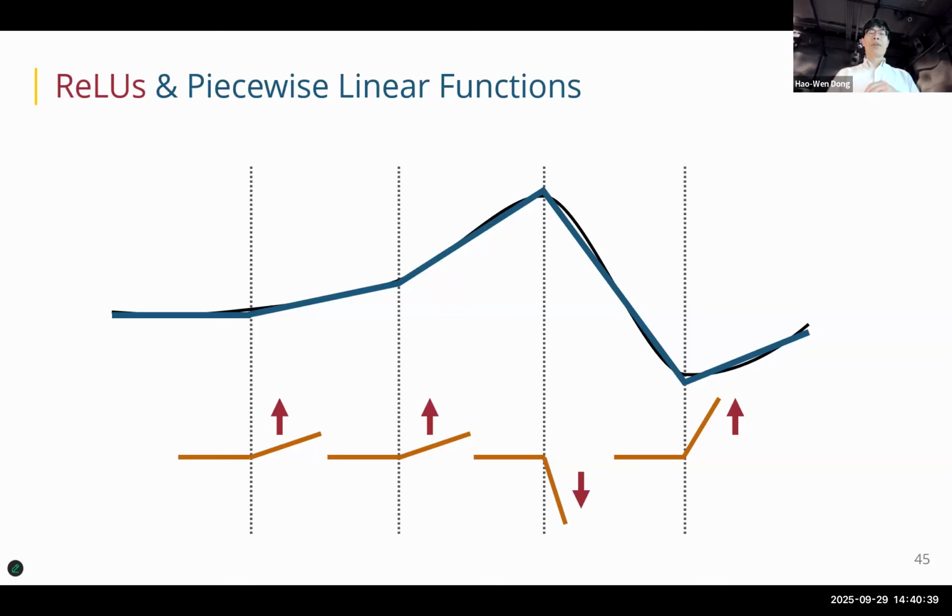Nowadays, most of the deep learning models are using this ReLU activation function. There are also tons of papers talking about this piecewise linear function perspective of neural networks. So nowadays a neural network could be just trying to break down all the complex functions into piecewise linear functions as an estimation.